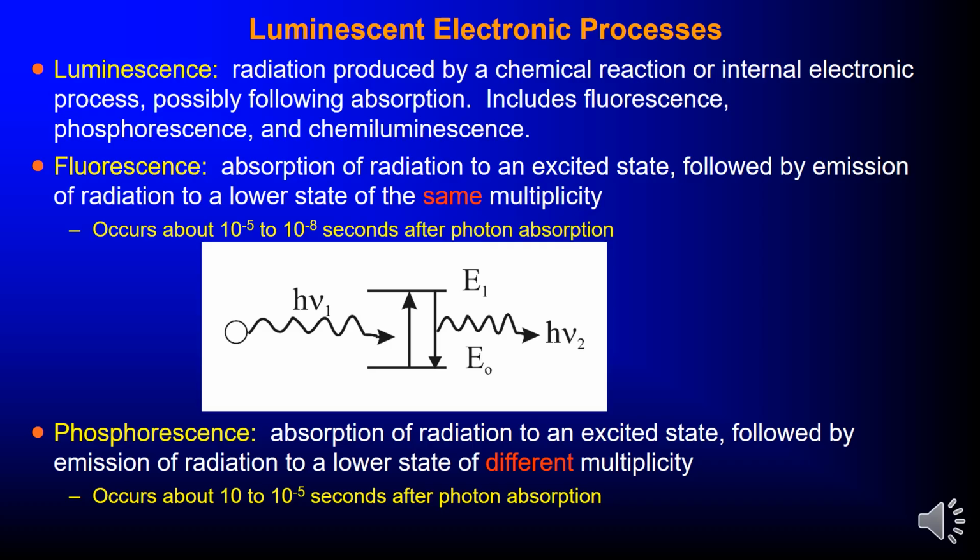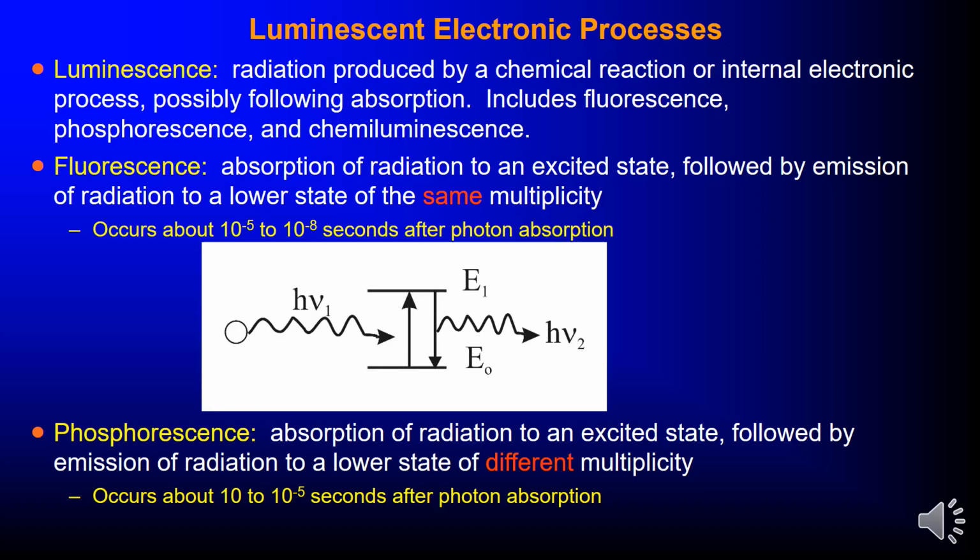Then phosphorescence is absorption of radiation to an excited state followed by emission of radiation to a lower state of different multiplicity. So the key difference there is the multiplicity. For fluorescence it is the same multiplicity, but for phosphorescence the emission is to a lower state of different multiplicity.